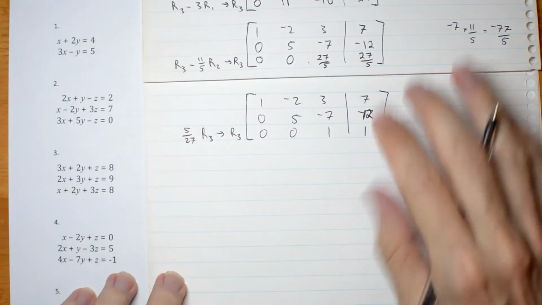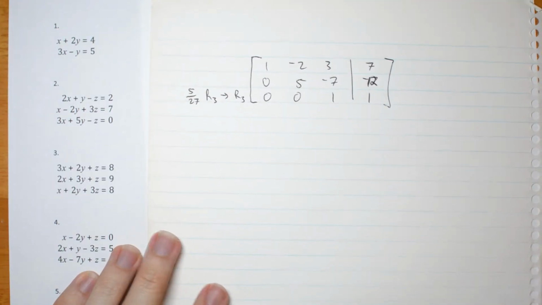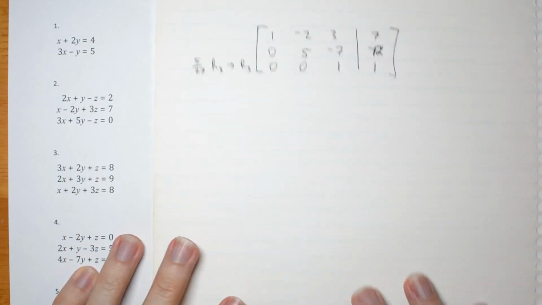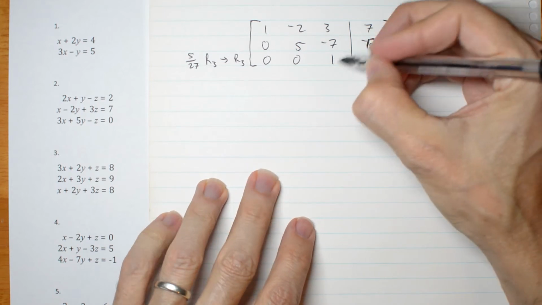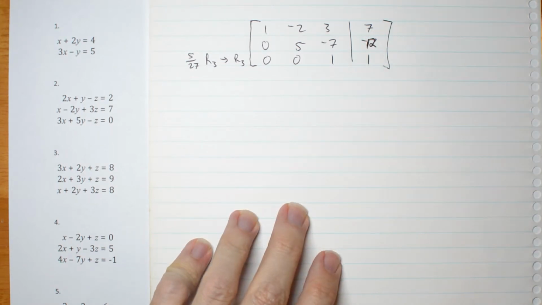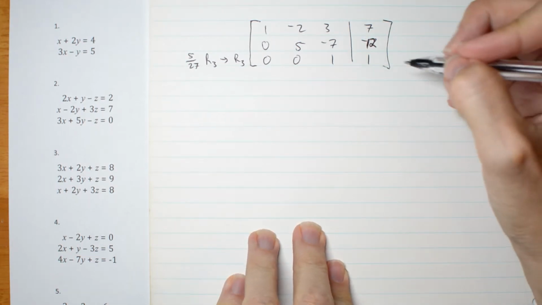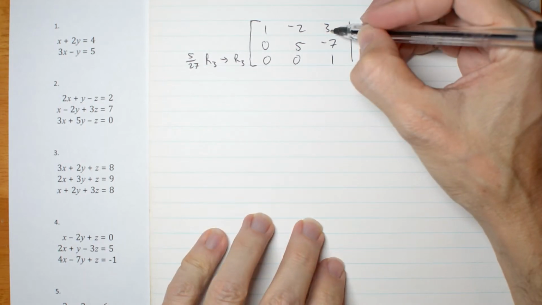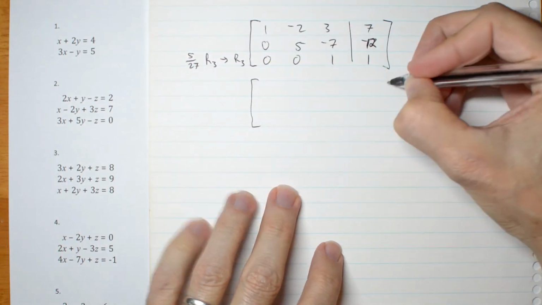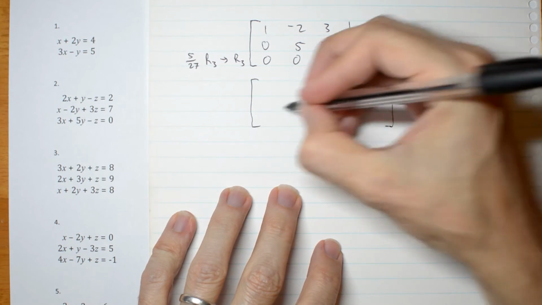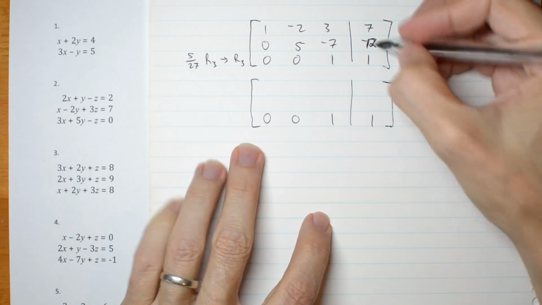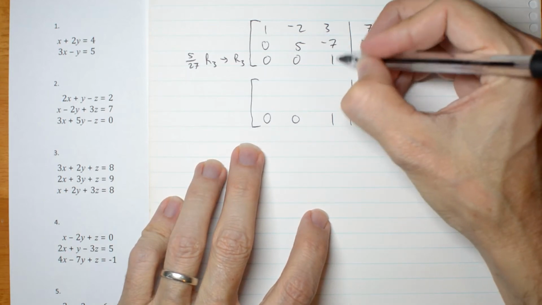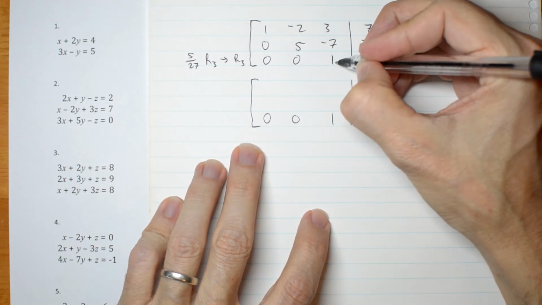Okay. Now, just going to move that up a bit. All right. I now have a 1 here. What I then have to do is eliminate all the values above. So the bottom row is not going to change. 0, 0, 1, 1. This row, I'm going to add 7 of row 3.